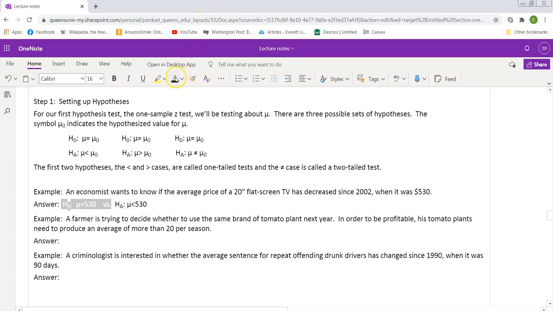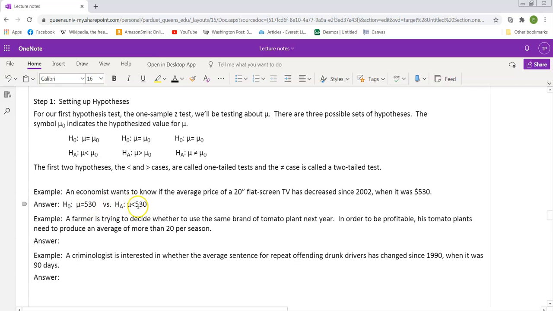The null hypothesis is going to be essentially the opposite of that, which is mu equals 530. And if you'd rather write this as mu greater than or equal to 530, that's fine too. I certainly wouldn't count off for that. All right, the important part is that you've got the alternative hypothesis is mu less than 530.